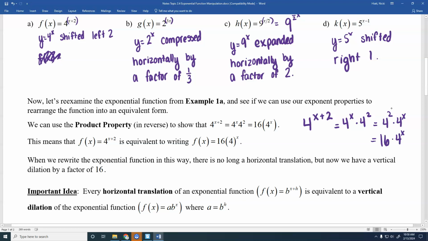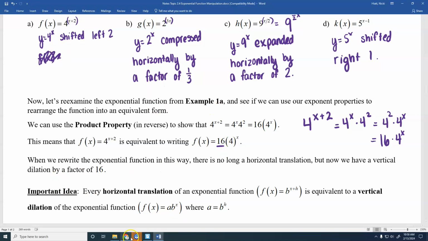Now, if I'm looking at 16 times 4 to the x power, is that a horizontal shift? It is not, right? Horizontal shifts happen up here in the exponent. So this right here is a vertical dilation by a factor of 16.